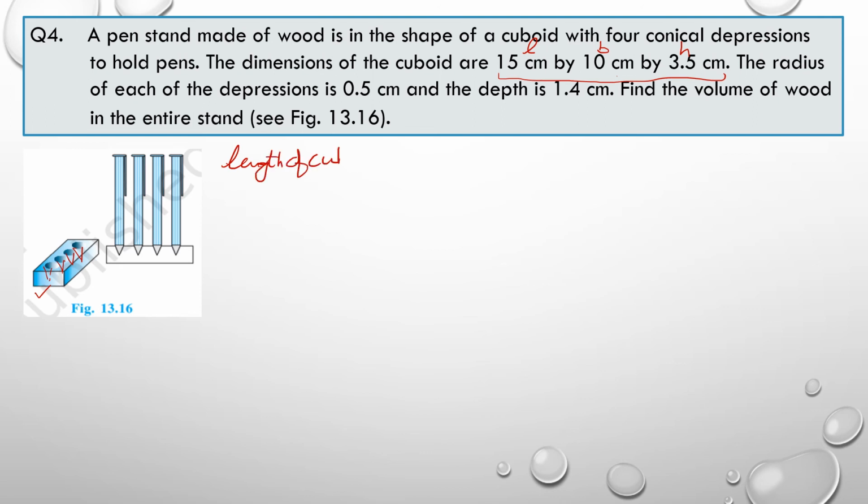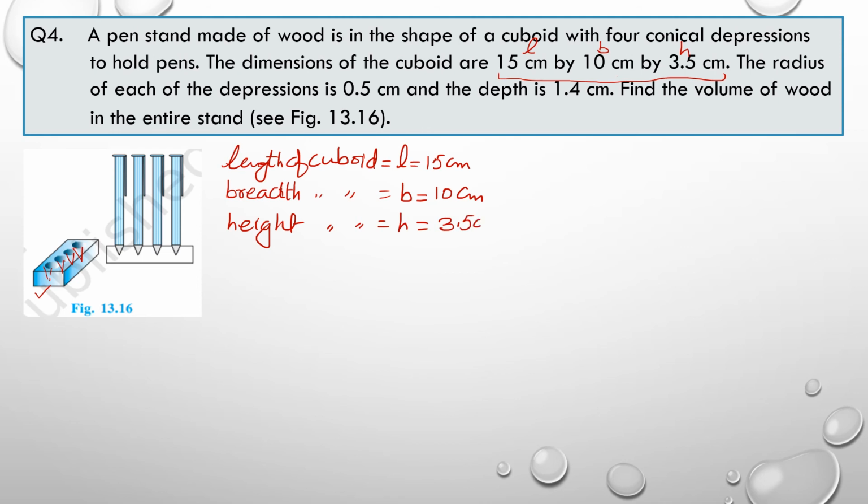So the length of the cuboid, small l, is equal to 15 centimeter, breadth of cuboid, small b, is equal to 10 centimeter, and height of cuboid, small h, is equal to 3.5 centimeter, right?